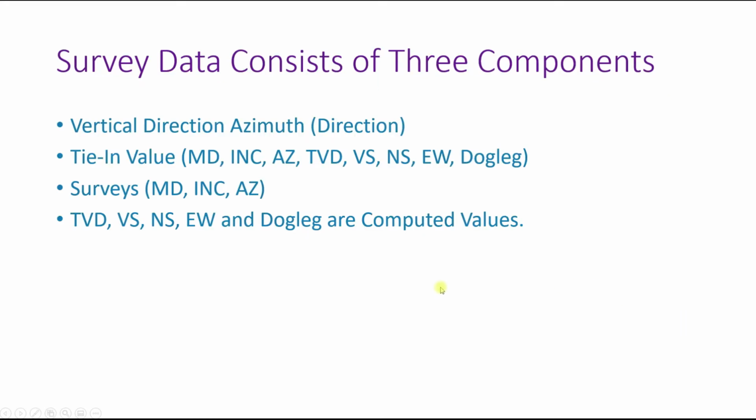Survey data consists of three components. The first is the vertical direction azimuth. The vertical direction azimuth is a plane, a direction that consists of a straight line from your well location in plan view to your planned TD location in plan view.